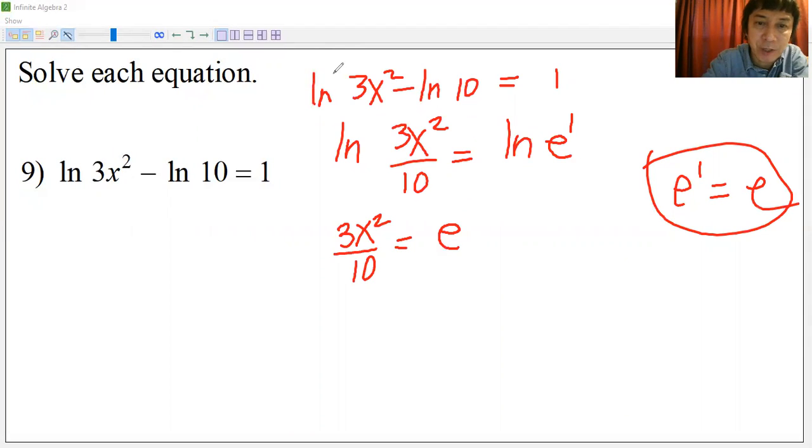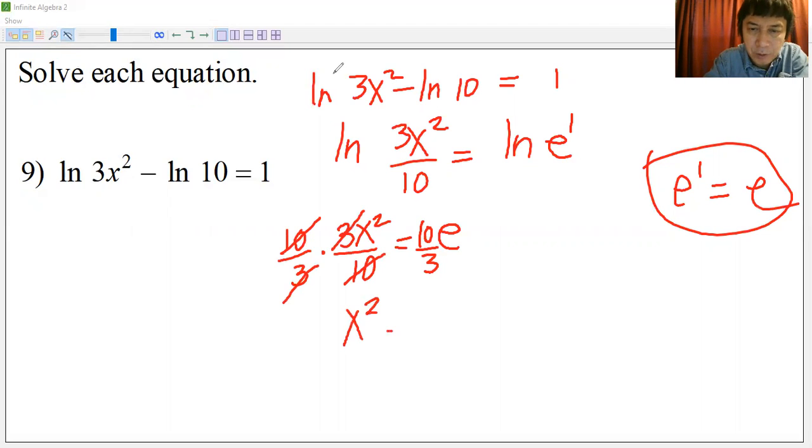Multiply both sides by 10 over 3. Why did I do that? So I can cancel out the 3 here and I can cancel out the 10. And we will just have x squared equal to 10 over 3 times e.